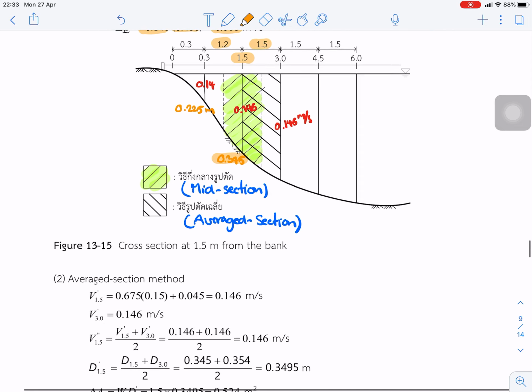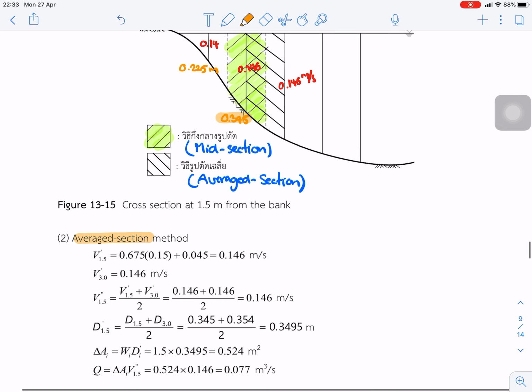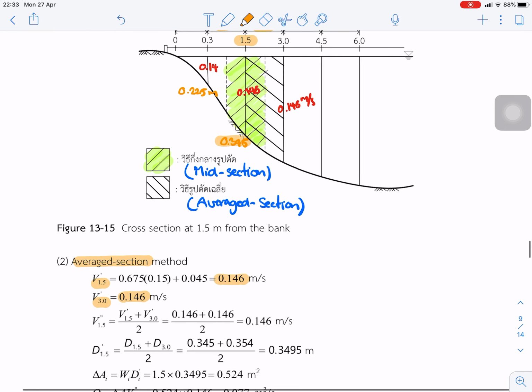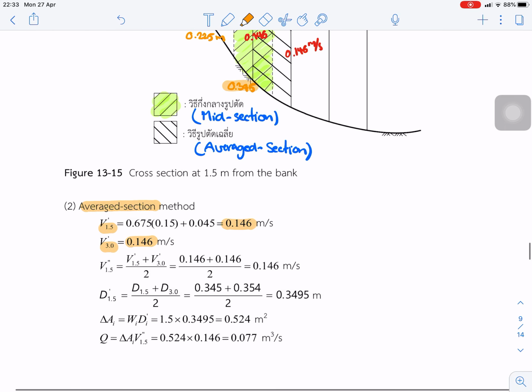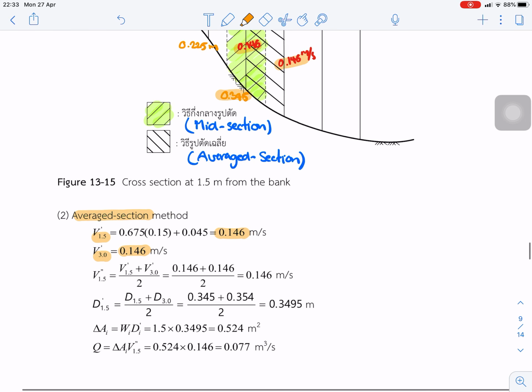Next, we use the average section method. We have to find the velocity at 1.5 meters and at 3 meters, and we take the average from the two sections, so we got 0.146.